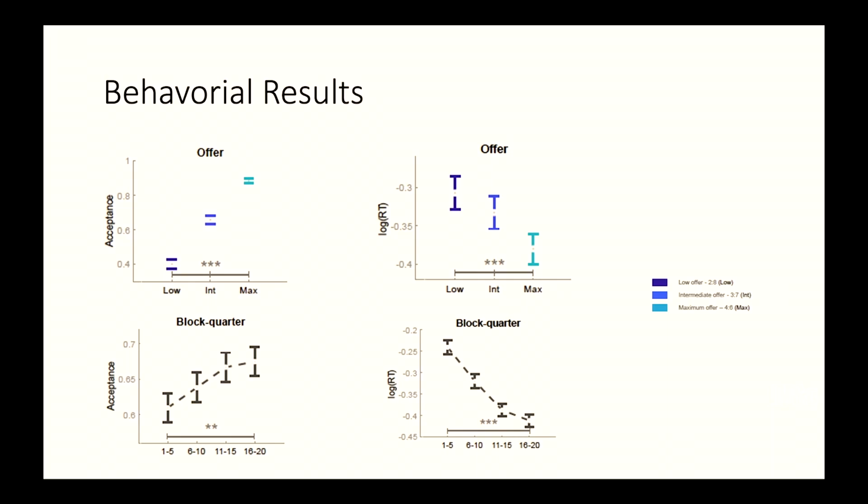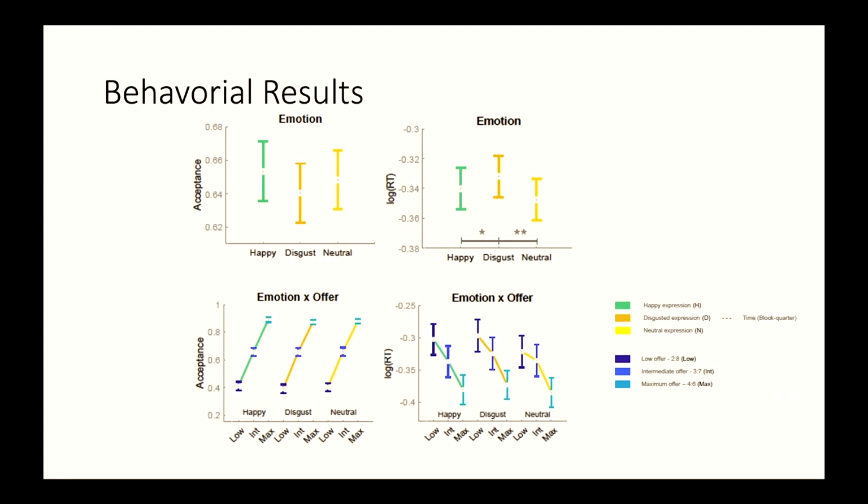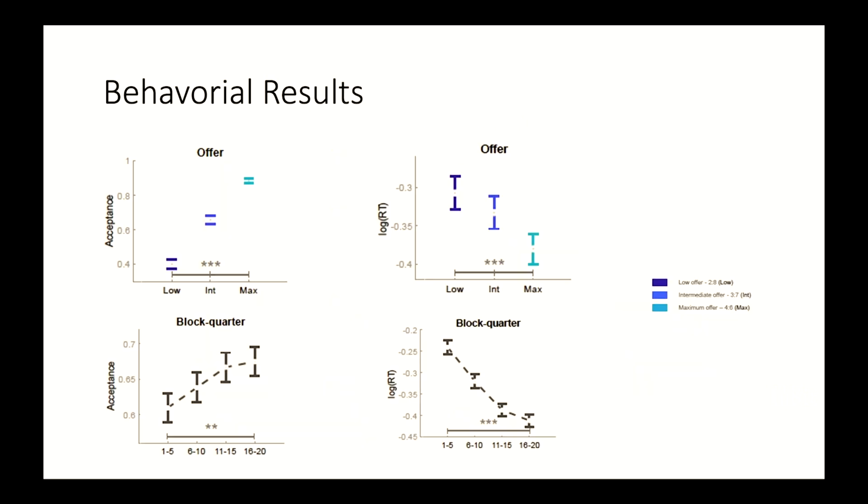Offer seems to be the guiding force for decision making, but there seems to be some sort of reaction time involved in emotion, because if you go back to the previous plot, the reaction time between emotions were significant. So we need to delve further.